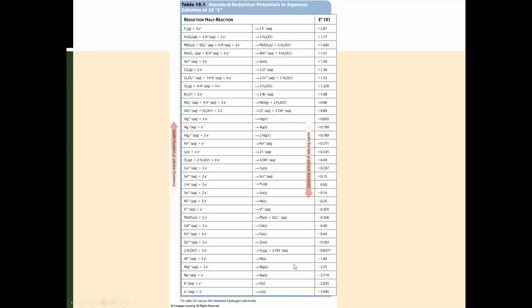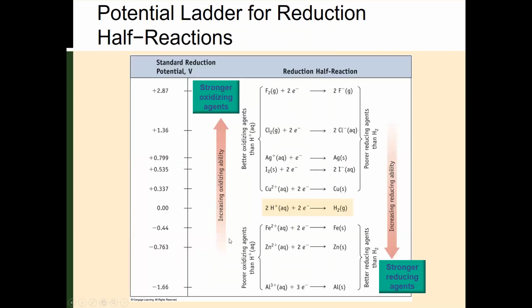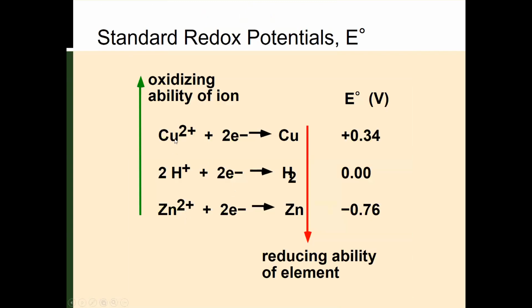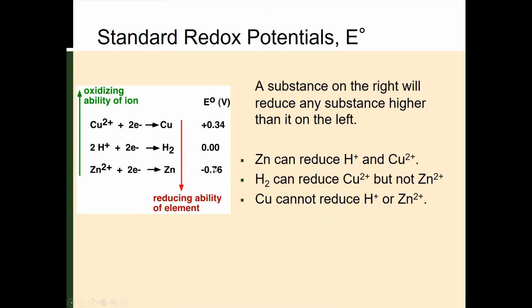That's going to be a reverse of that if we write that out. Okay. The stronger oxidizing agents are written at the top. The stronger reducing agents are at the bottom right. So you can compare things to see whether something will reduce it or oxidize it by just looking at the table. Okay. So if I look at this, zinc can reduce hydrogen and copper, both. Copper can't reduce either one.